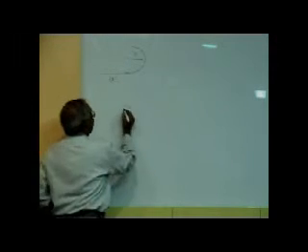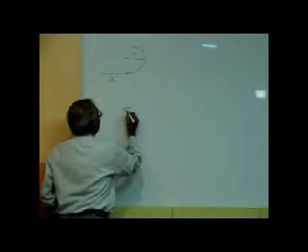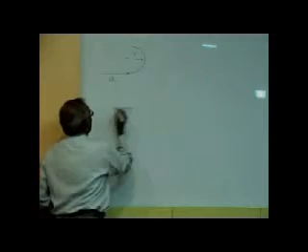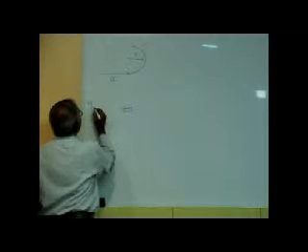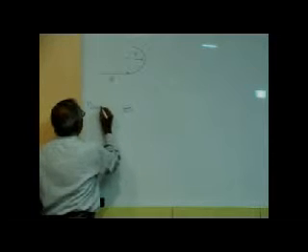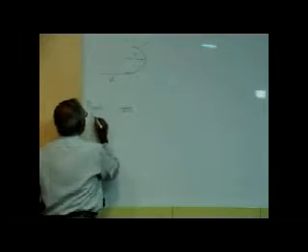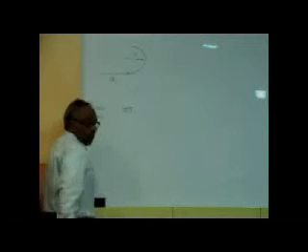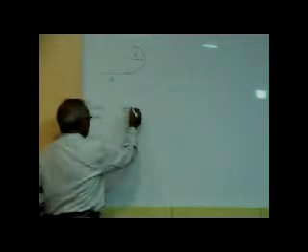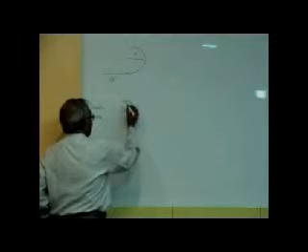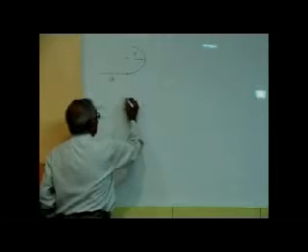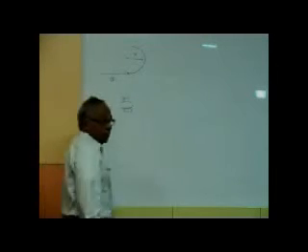Right? This will be u minus v. This is from the planet's frame. So it will go in this direction, and its velocity will be u minus v.